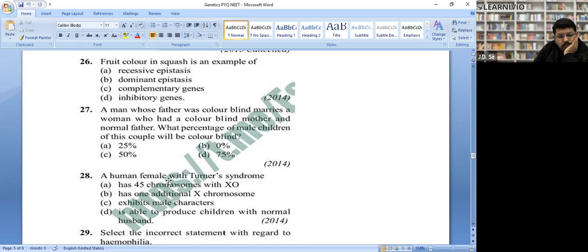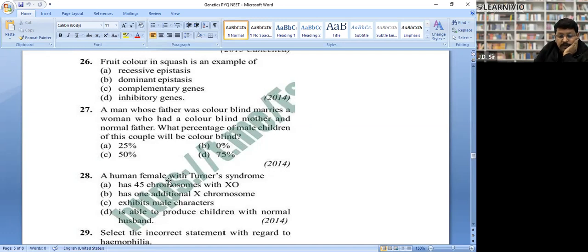A man whose father was colorblind marries a woman. Now you can understand how many questions there are from the pedigree, from these diseases, right? And then the weightage is of linkage. So you have to take the idea of where they are picking the question.